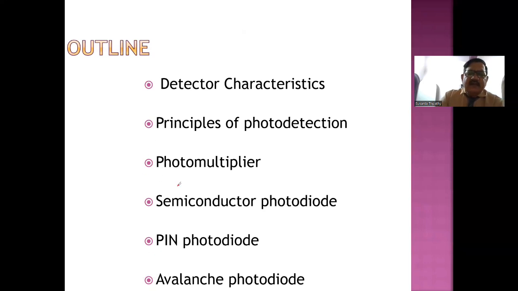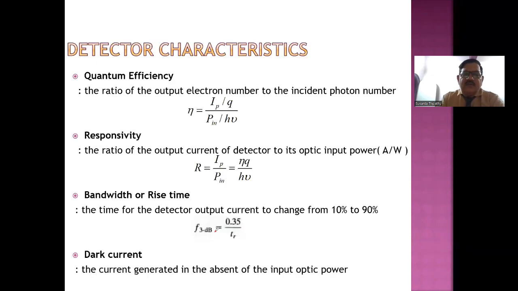In this context, I can mention the photomultiplier, then the semiconductor photodiode, basically the pin, and the avalanche photodiodes. So we will try to understand these different photo detectors one by one. But before that, let me go to the principle of photo detection and some basic definitions which we will use when we explain the principle of photo detection and the working of these photo detectors.